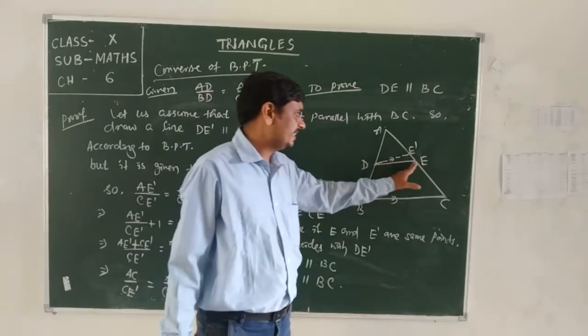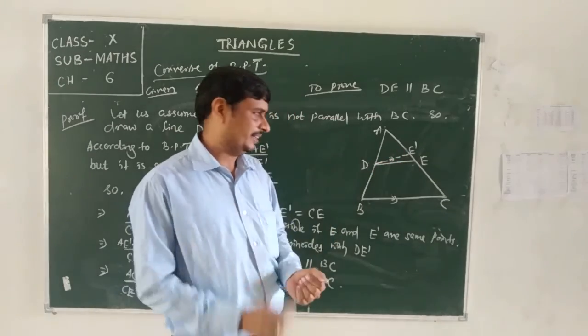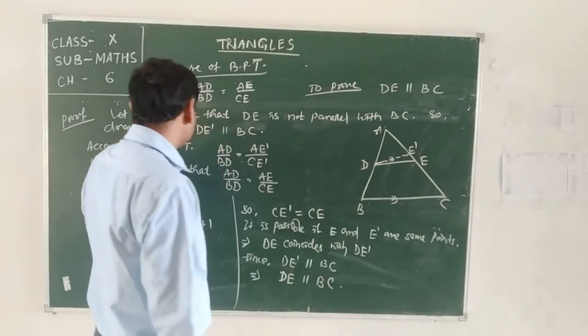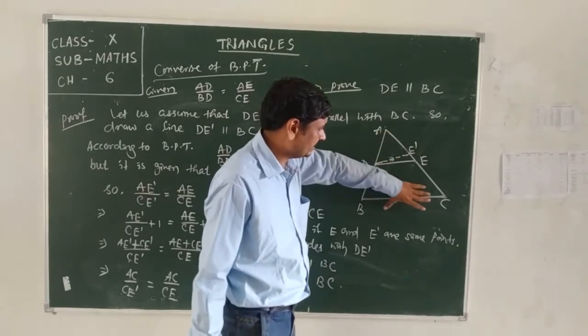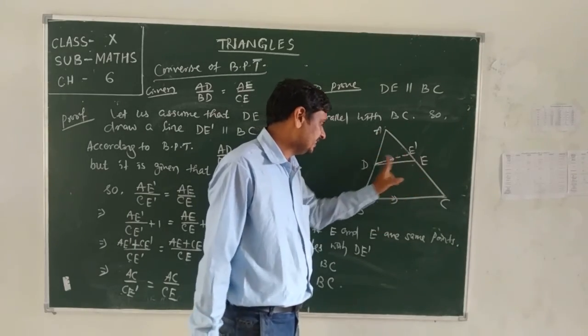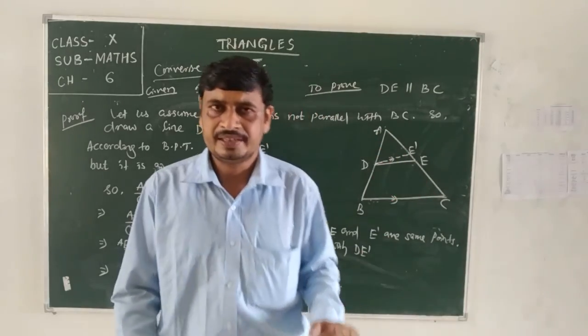Since DE dash and DE both coincide, they are the same line, and it is drawn DE dash parallel with BC. This means DE is also parallel with BC. It is proved.